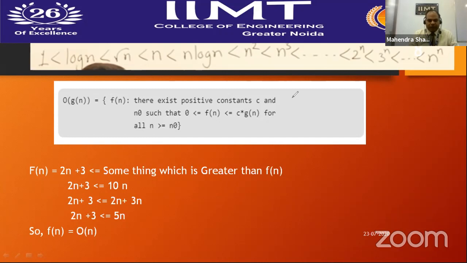So actually what big O says is that f of n equals order of g of n if and only if there exist positive constants c and n0 such that f(n) is greater than or equal to 0 and less than or equal to c times g(n) for all n greater than or equal to n0. Actually, what does it mean?